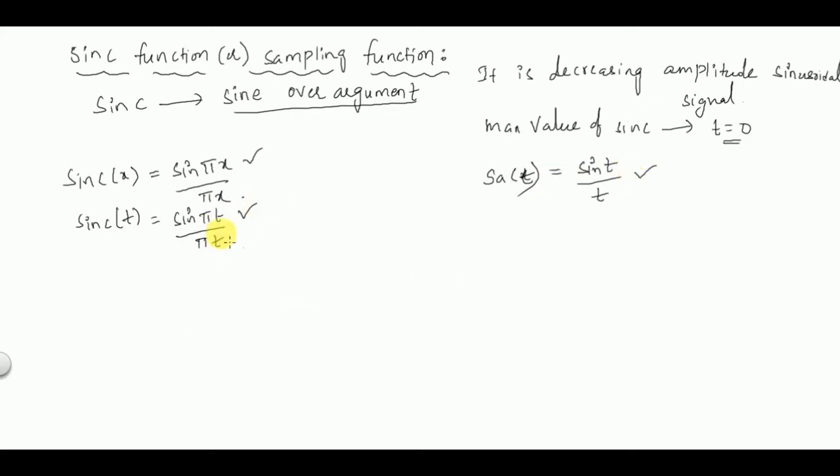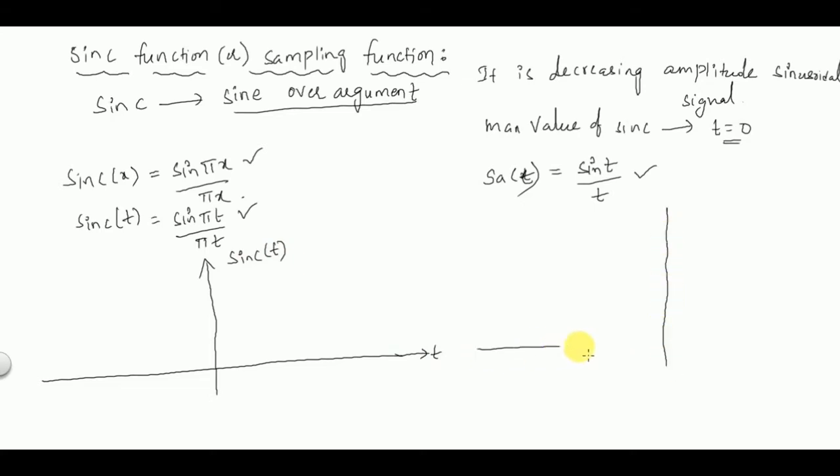So if you draw them graphically, this is sinc t versus t. Similarly, if you draw sa t versus t. As I have told you, it is a decreasing amplitude sinusoidal signal.